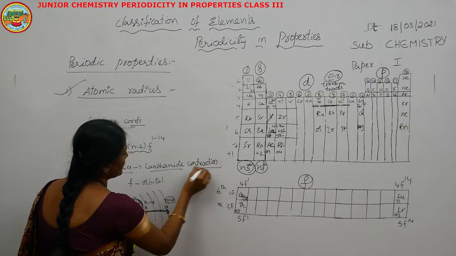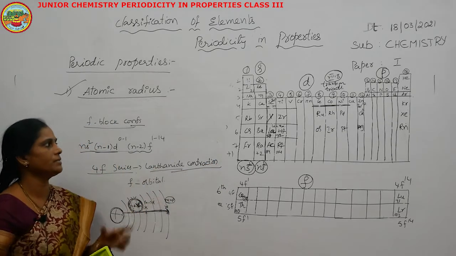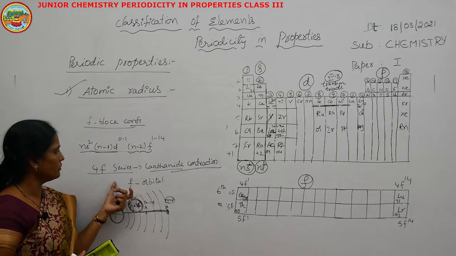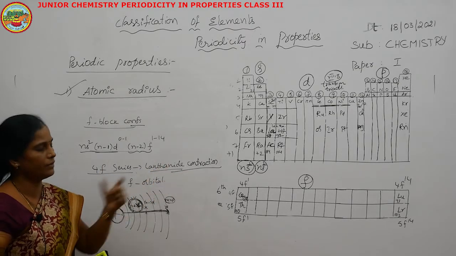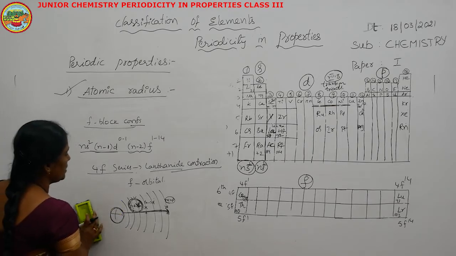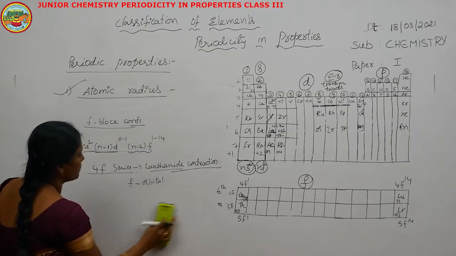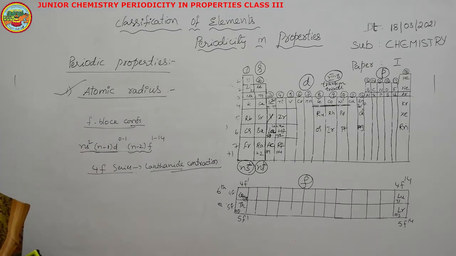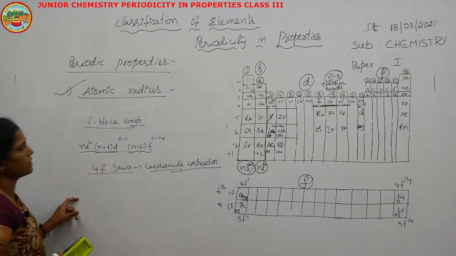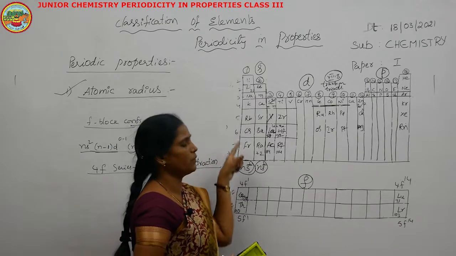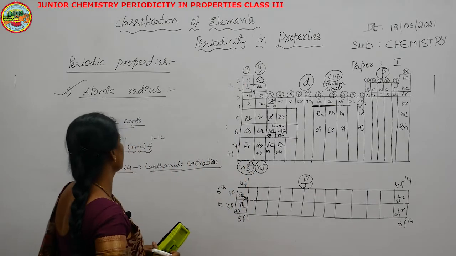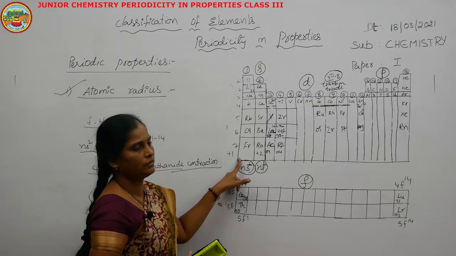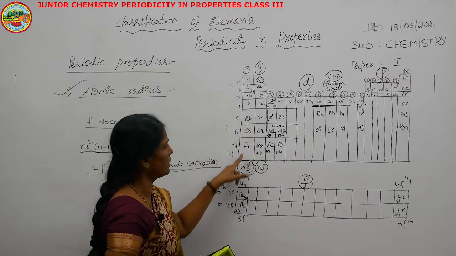So due to this Lanthanide contraction, the atomic radius of zirconium and hafnium is the same. So that is called Lanthanide contraction. In this way, the property atomic radius, in a group, increases from top to bottom. In any group from top to bottom the atomic radius increases because the valency electron enters into a new shell.